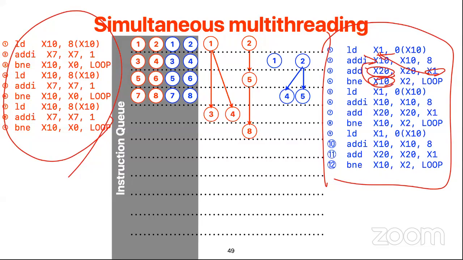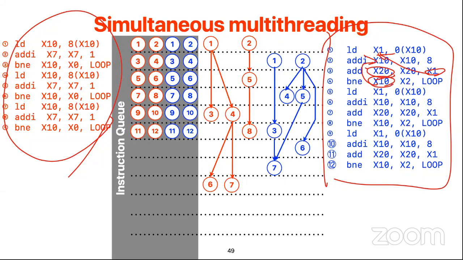However, in the next cycle, we know 4 and 5 will be able to execute from this thread. However, on the left-hand side, there's nothing we can do. If you look at the next cycle, we get more. If we keep going, we'll figure out that the first linked list example has nothing to do, and the right-hand side can always help us fill in the unutilized part of the pipeline.